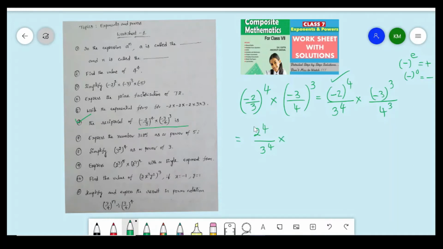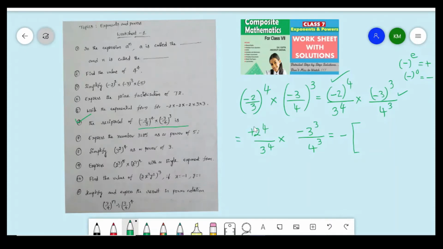Again minus 3 is multiplied an odd number of times, so minus will be outside, and 3 power 3 divided by 4 power 3. Observe very carefully. Here a positive sign is there for this fraction, a negative sign is there. So the whole fraction has a negative sign, because positive multiplied by negative is always negative.